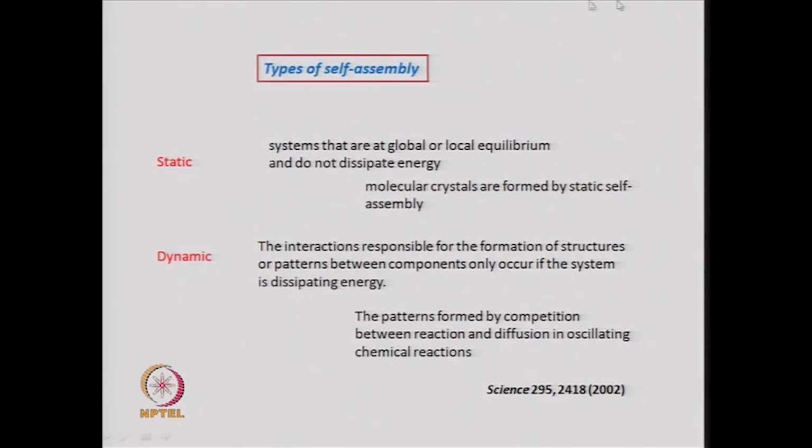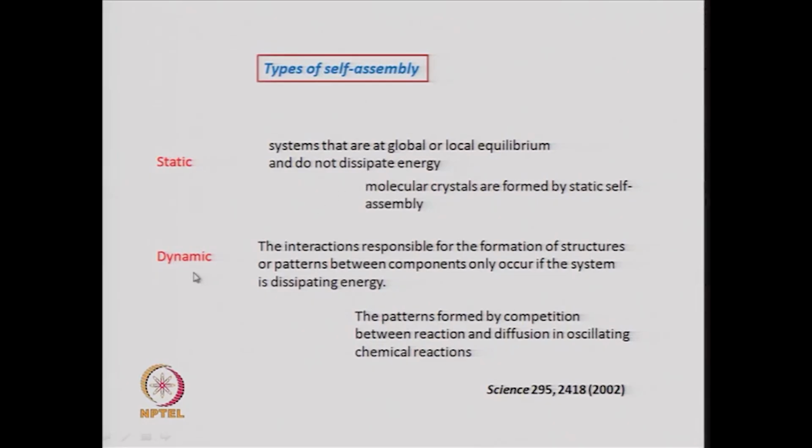Now, the types of self assembly. You can have two major types. One in which there is no dissipation of energy, and that is called static self assembly. The systems are in a local or a global equilibrium, and they do not dissipate energy.